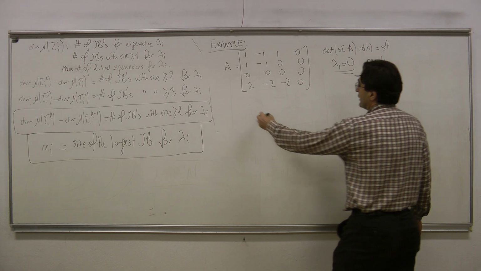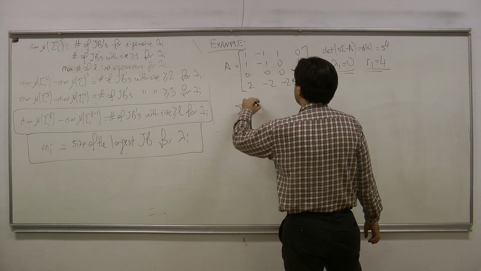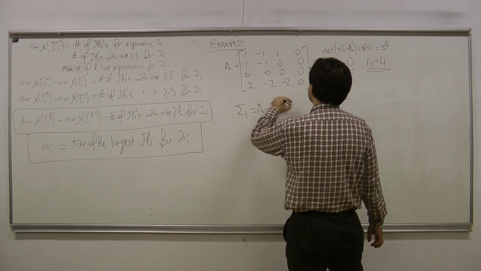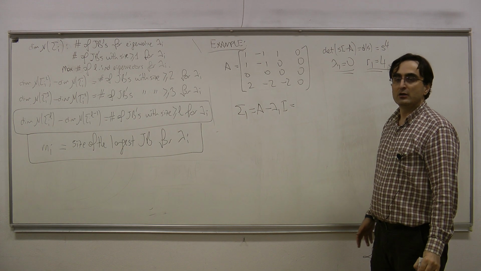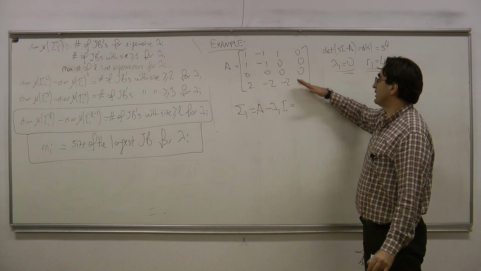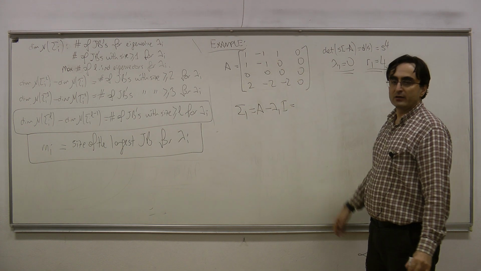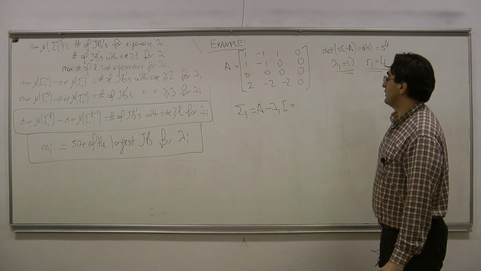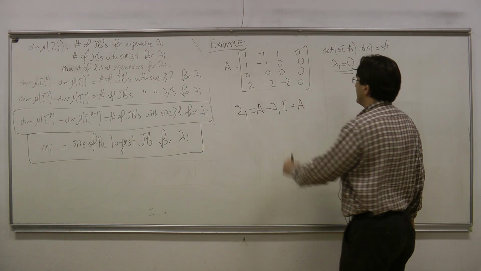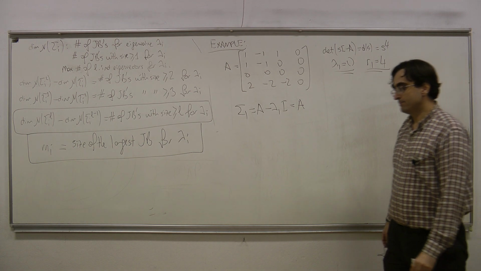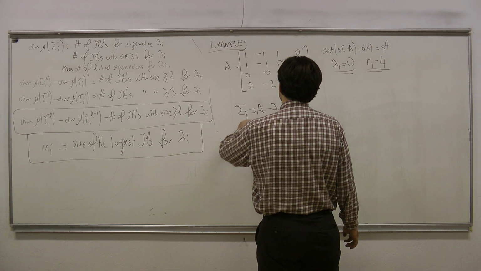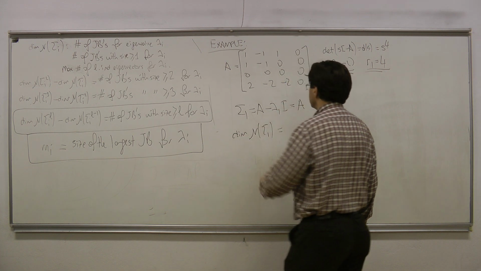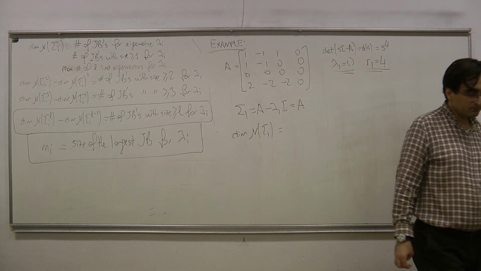Now I'm going to calculate the matrix Σ1, which is A − λ1 I. In this case, λ1 is 0. If it is not 0, you have to subtract λ1 from the diagonals. But in this case, λ1 is 0, so Σ1 is A. So let me look at the dimension of the null space of Σ1.